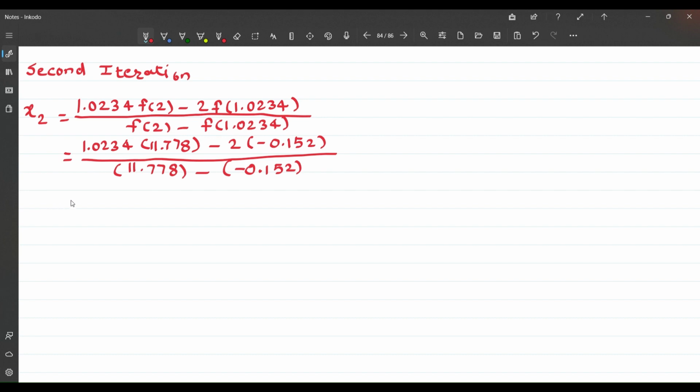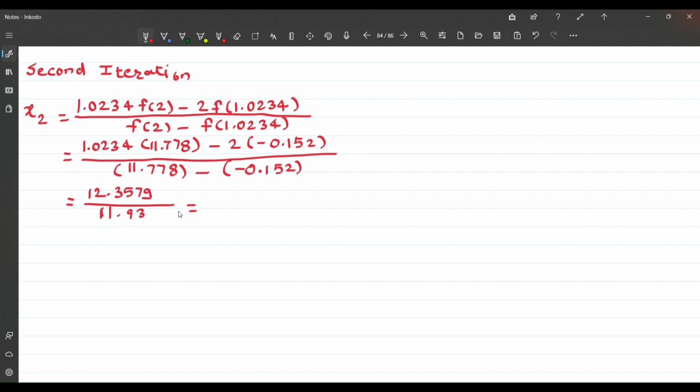Solve the numerator and denominator separately and then solve for the answer. So the numerator is 12.3576, divided by the denominator, which is 11.93.